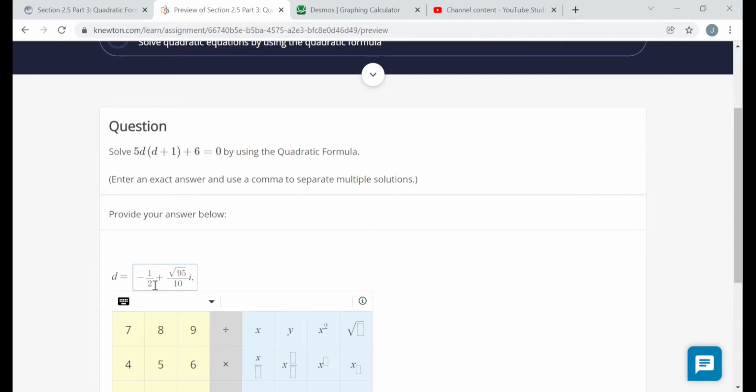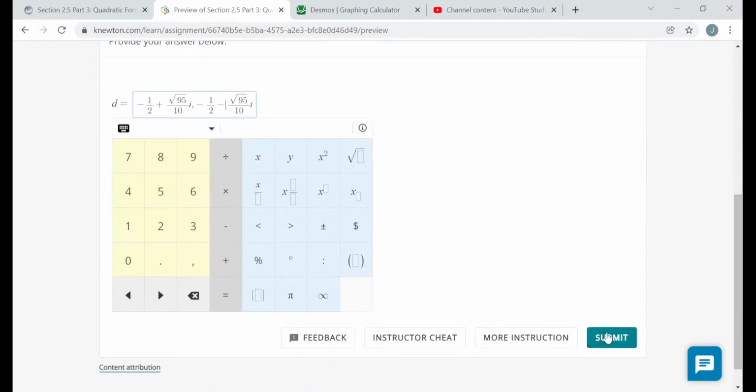Now you can type all that again. What I'm going to do is just copy and paste this, Control C, Control V, and just change the plus in the middle here to a minus. There's negative 1/2 minus the square root of 95 divided by 10 times i. And those should be the solutions to this equation.